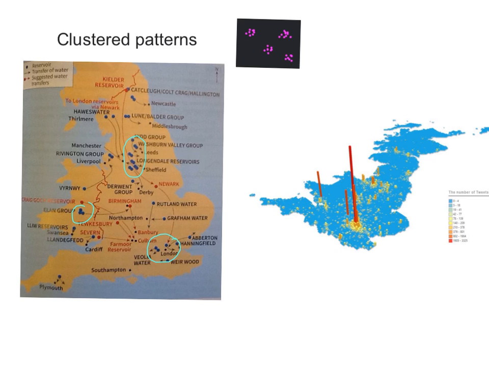Now let's have a look at the map on the right, which shows the number of tweets tweeted on a particular day in June 2015, and we can see clustering around London and Cardiff and Brighton, Liverpool and Manchester in the north.